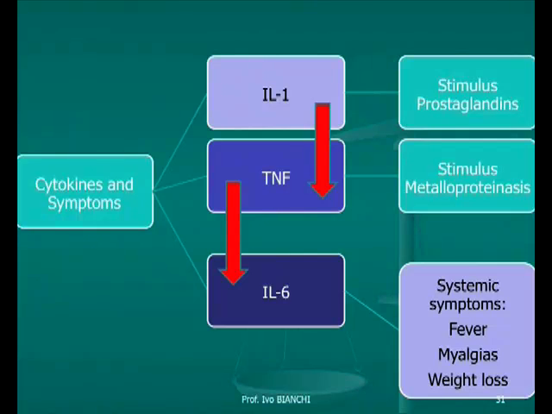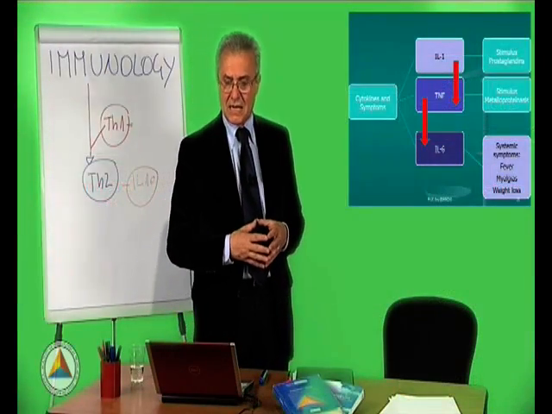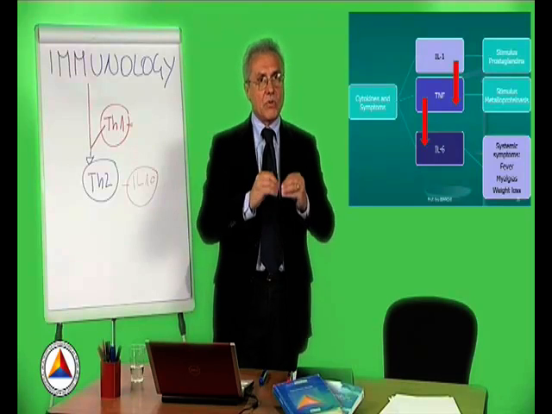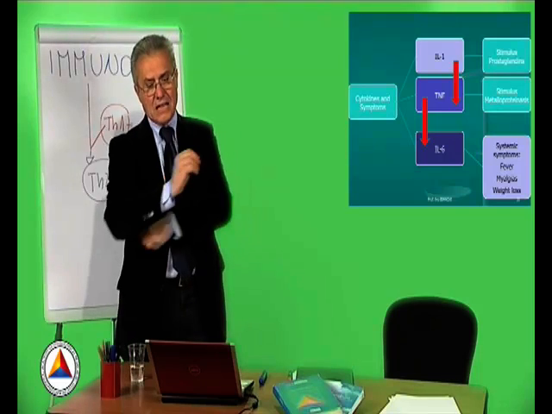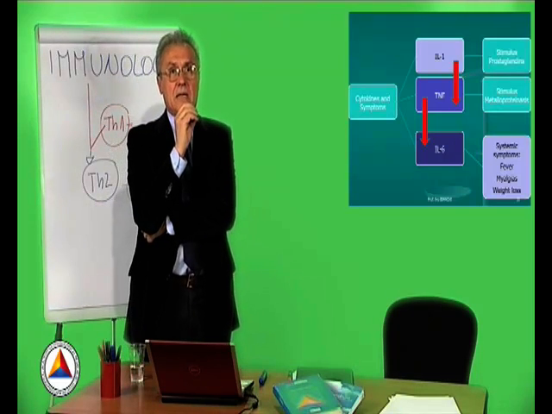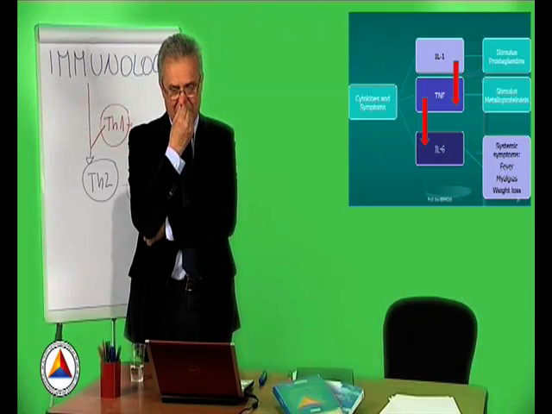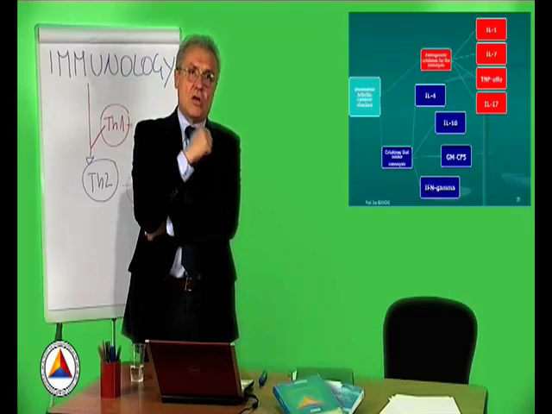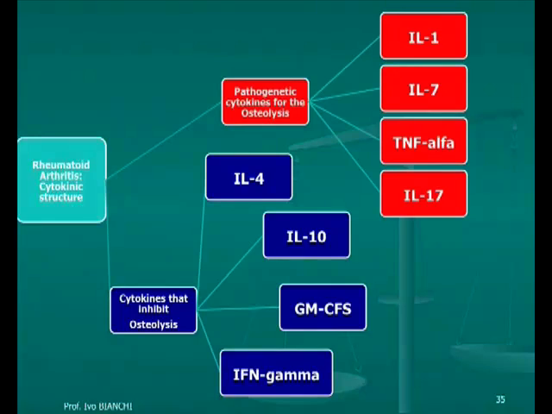The other aspect that is important to understand is the exact role of the cytokines. As we have seen before, we have cytokines that are pathogenic for bone destruction. We have seen interleukin-1, tumor necrosis factor alpha, and we have cytokines that the body activates to defend itself, as we were saying earlier, against inflammation and bone destruction, that we must seek to sustain. Which ones are they?